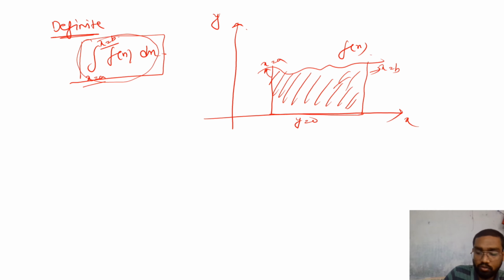Now back to indefinite integration. In this class we mainly discuss indefinite integration. So there are three properties of indefinite integration. First is, if we take the derivative of the integration of f of x dx with respect to x, then we get the function f of x, that is this integrand.